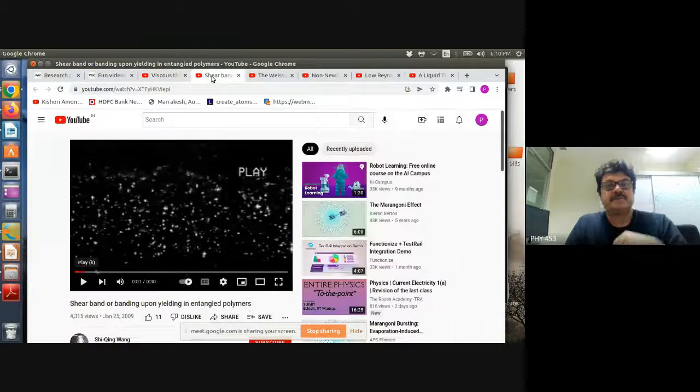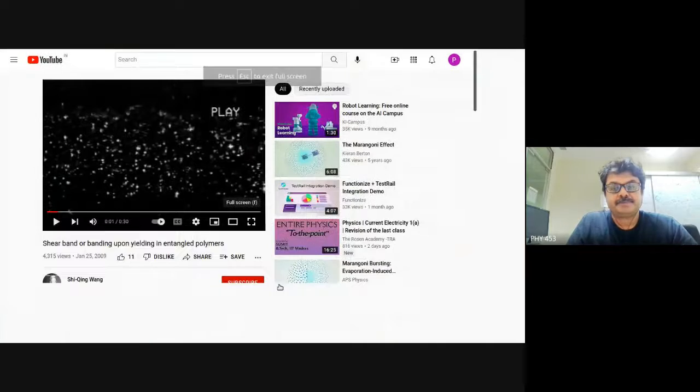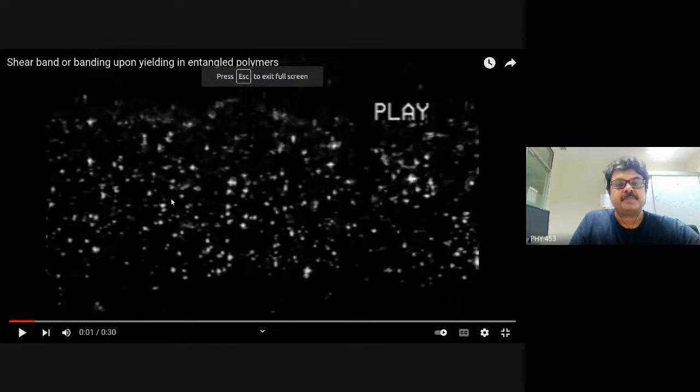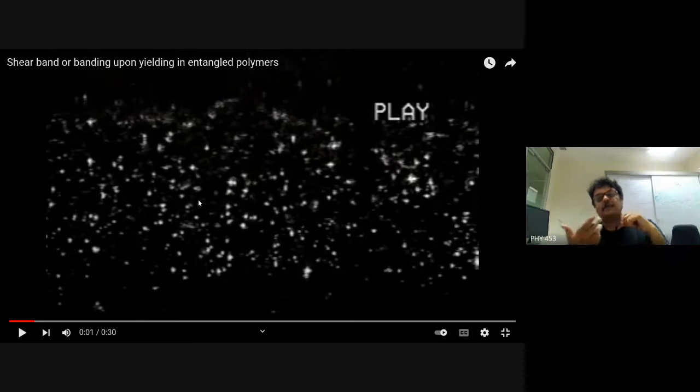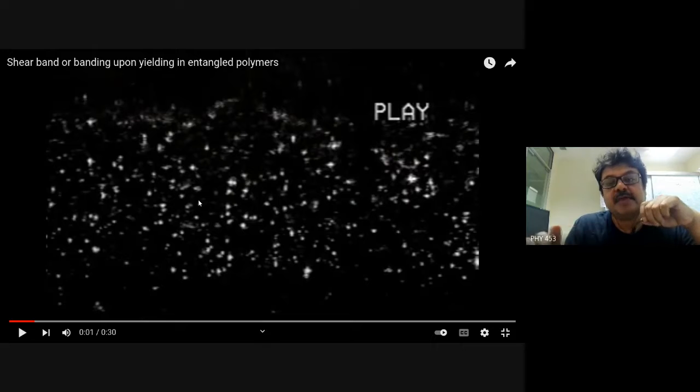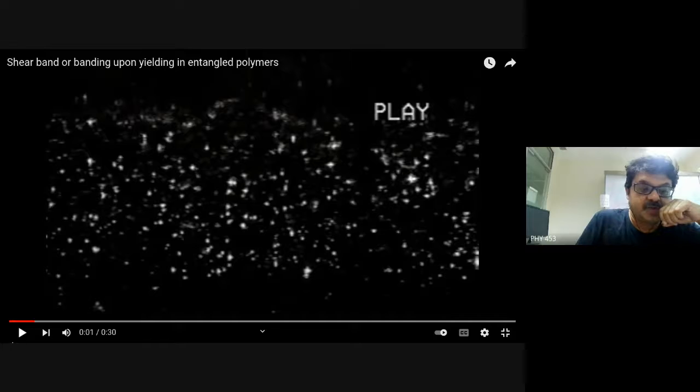Now I'll show you the phenomenon of shear banding. What you will see here is basically a liquid with these speckles. This is a polymeric liquid, and these speckles are just for the sake of visualization. When they shear the fluid, you'll see that you initially have a uniform velocity gradient, but then it breaks up into two layers, one of which moves fast and one of which moves slower, or it has two different strain rates.